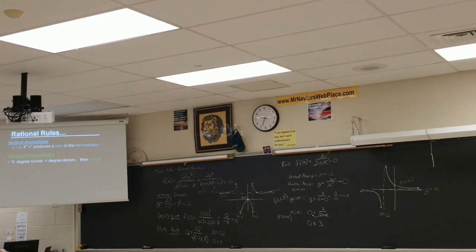This is basically saying that the denominator is greater. I'm trying to help you get the main idea. And if the denominator is greater, then it's always going to be y equals 0.